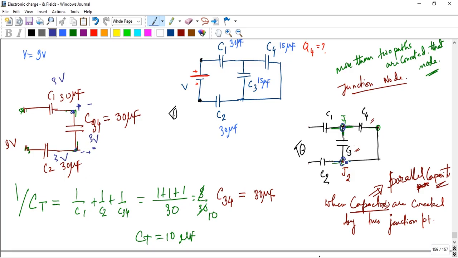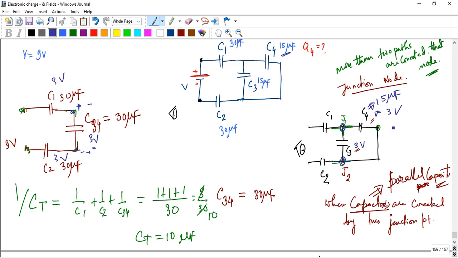So here that is 3 volt, and we know that in parallel the potential drop is also 3 volt. In parallel all potential drops are the same. So these two lines have 3 volt potential difference. The potential drop across C4 is also 3 volt, and C3 also 3 volt. And we know that C4 is given as 15 microfarad, and the potential is 3 volt.